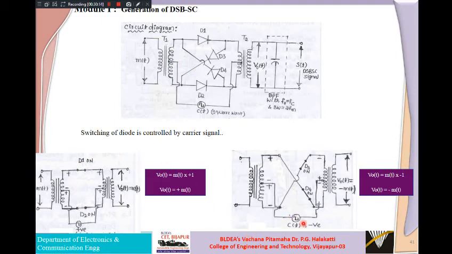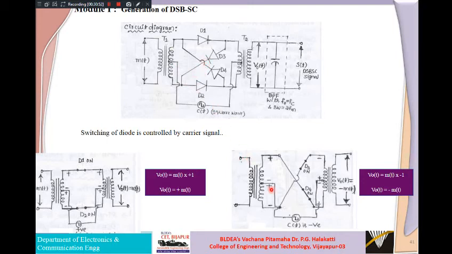When c(t) is going to be negative, what is happening here is during the negative peak of your carrier. It is connected between the secondary of T1 and the primary of T2, between these two.